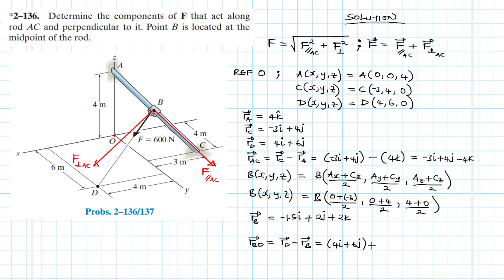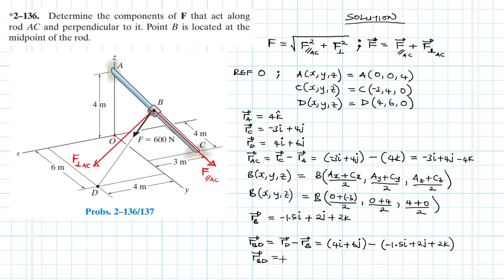And then what is the position vector for RB? We wrote it down also, just on top: minus 1.5i plus 2j plus 2k.